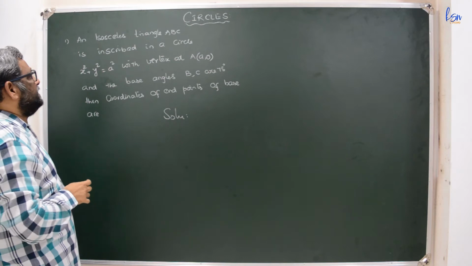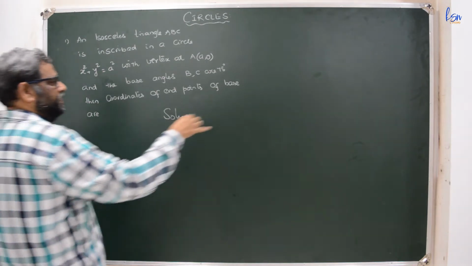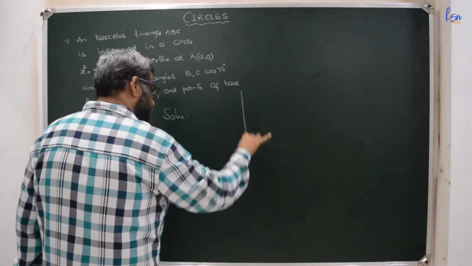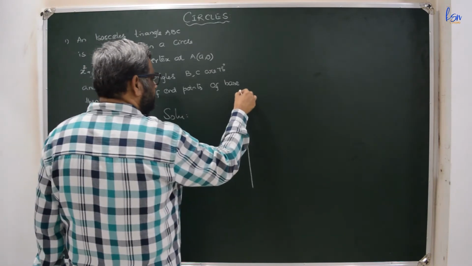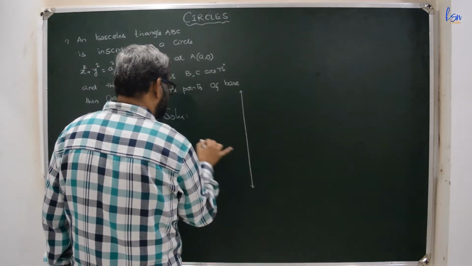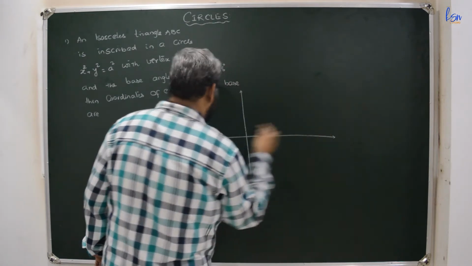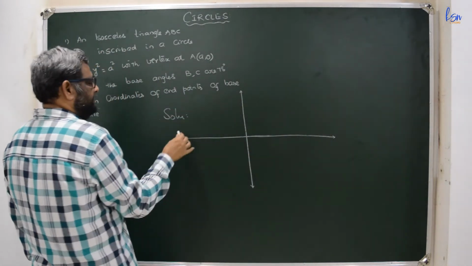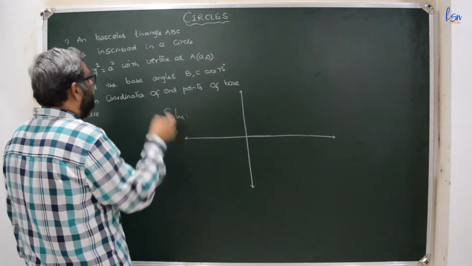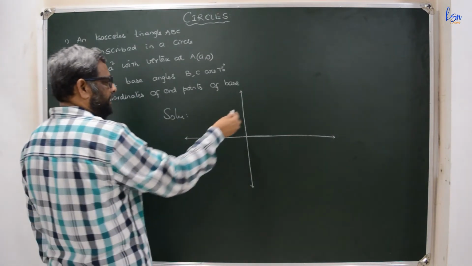Isosceles triangle ABC is inscribed in a circle x square plus y square equal to a square. This is the circle whose center is at the origin and the radius is a.